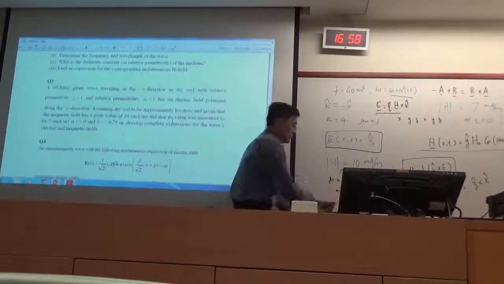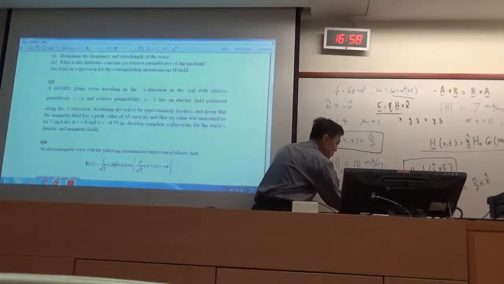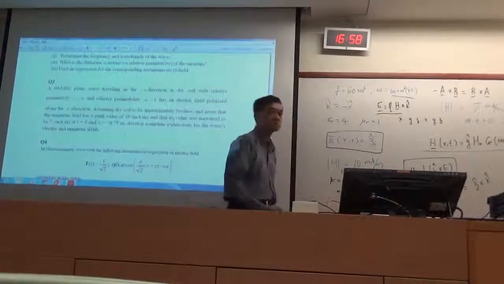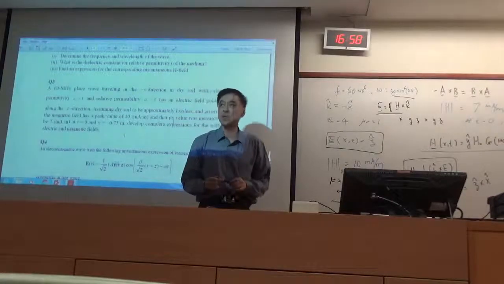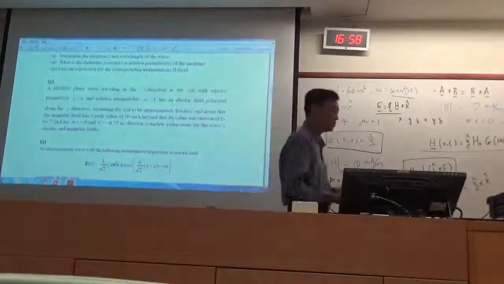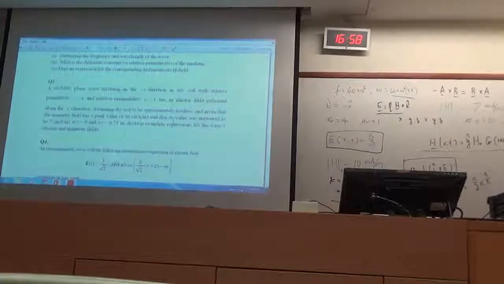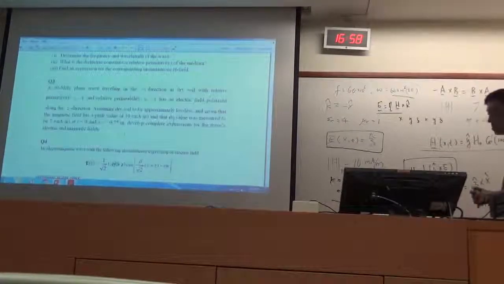And this one we know: mu naught, epsilon naught, and epsilon r equal to 4. So K we do know now.